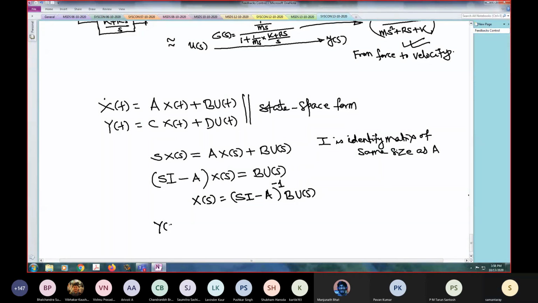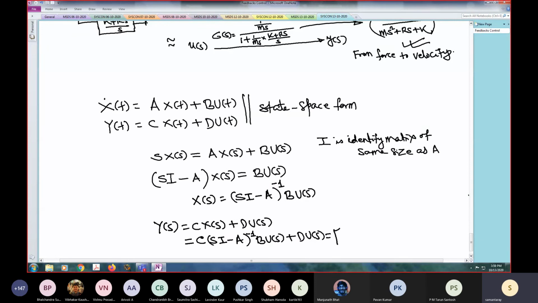Ys is C Xs plus D Us, and in place of Xs, put C times SI minus A inverse B Us plus D Us.